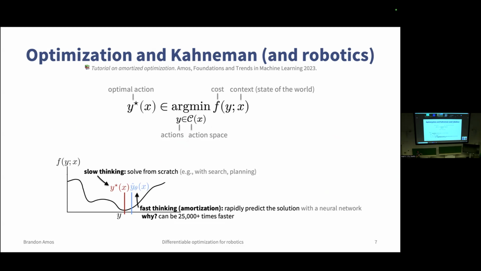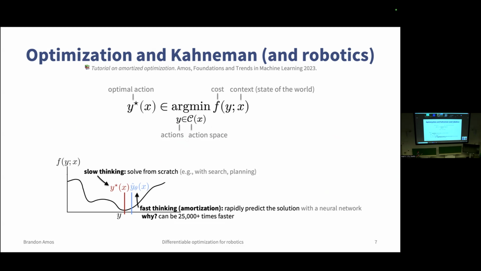The idea is that now that we know we're repeatedly solving these optimization problems, I would argue that formulating the optimization problem and solving it from scratch is somewhat like the slow thinking mode of Kahneman, while fast thinking is amortization. It's learning a fast module, like a neural network, to predict solutions.